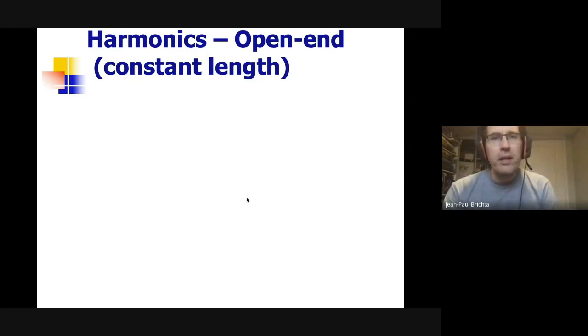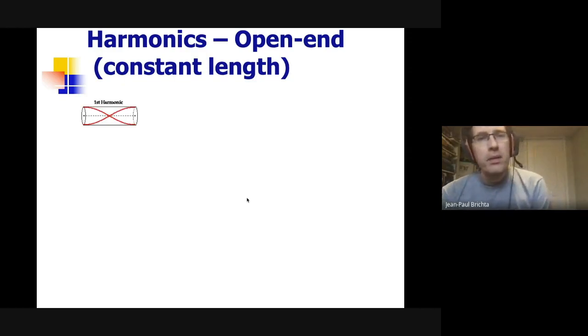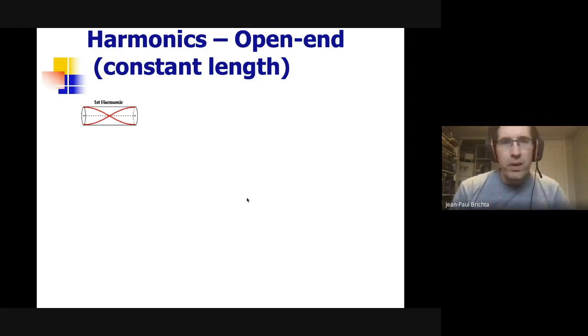I'm going to start with the open-end column. In this case, we have the first harmonic, like we did in the last problem. But then if you keep the tube the same length and you blow harder, you can actually fit more wavelengths into the same length of tube. So this is how that looks.